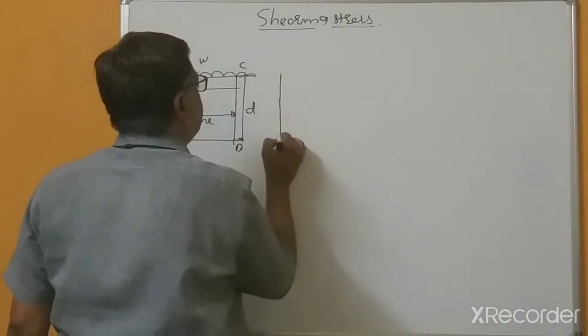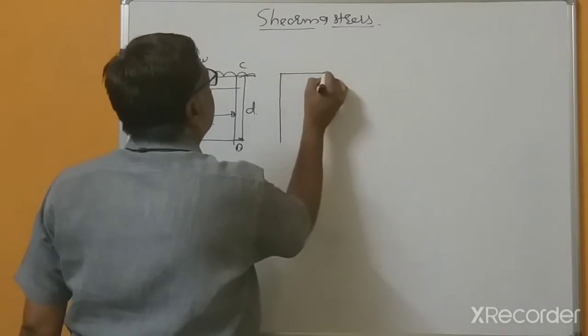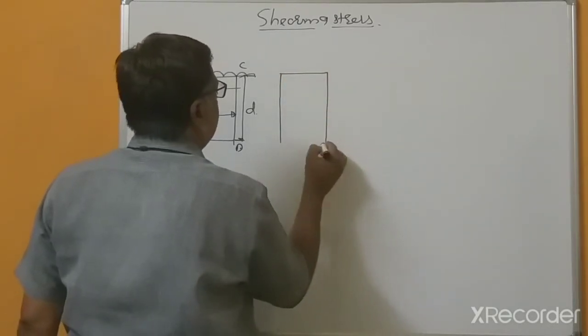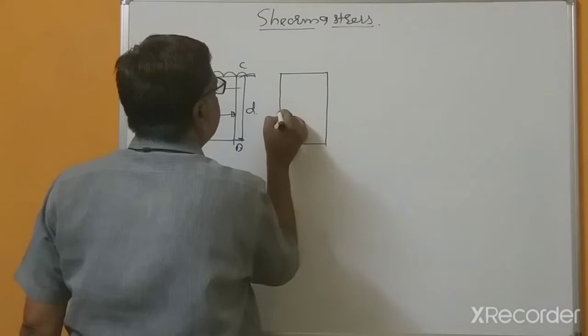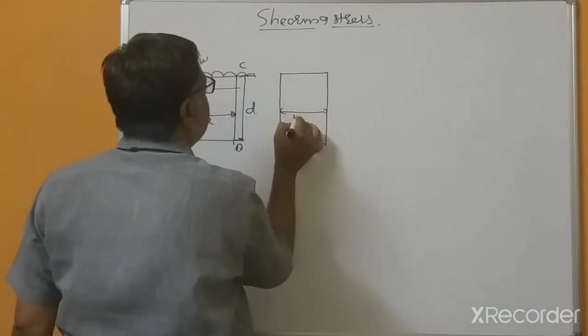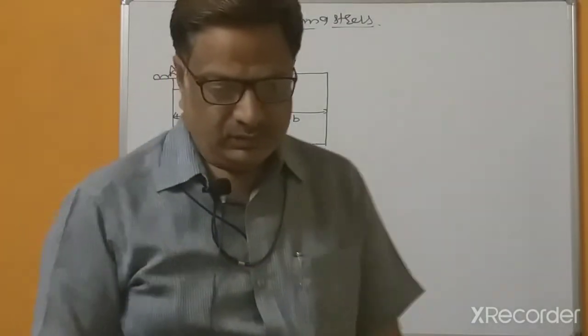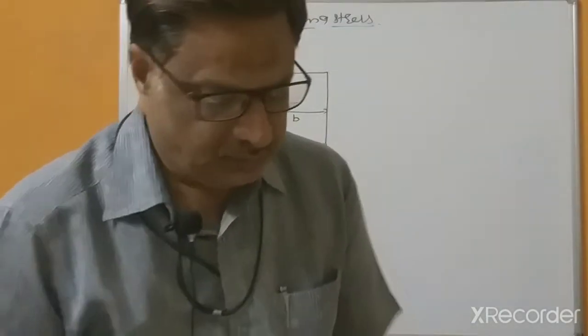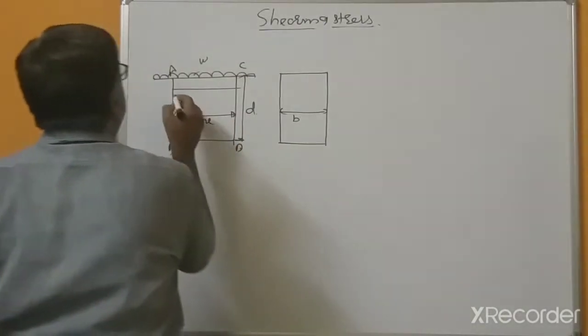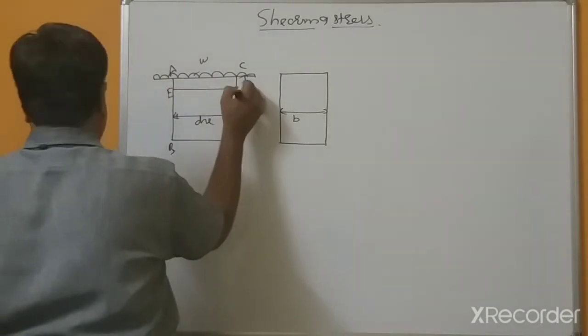Its area of cross section: this B is its width, and this is EF.